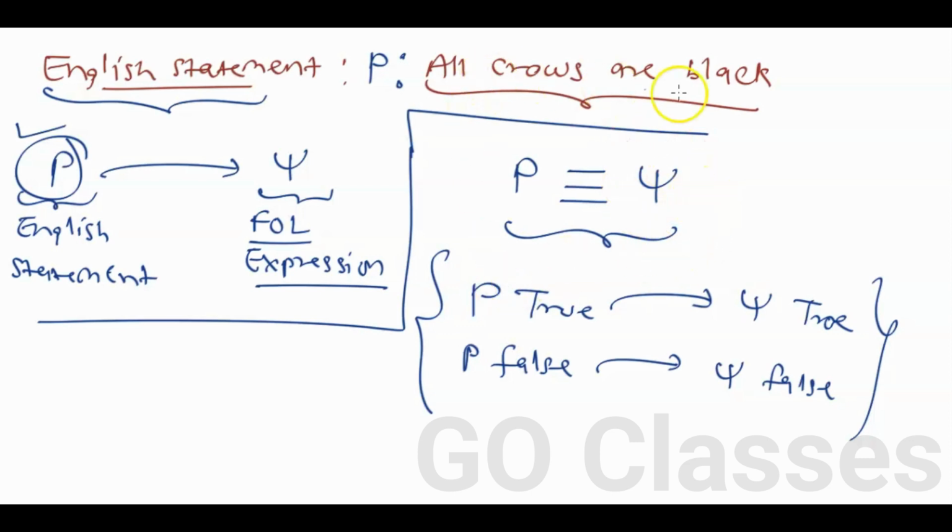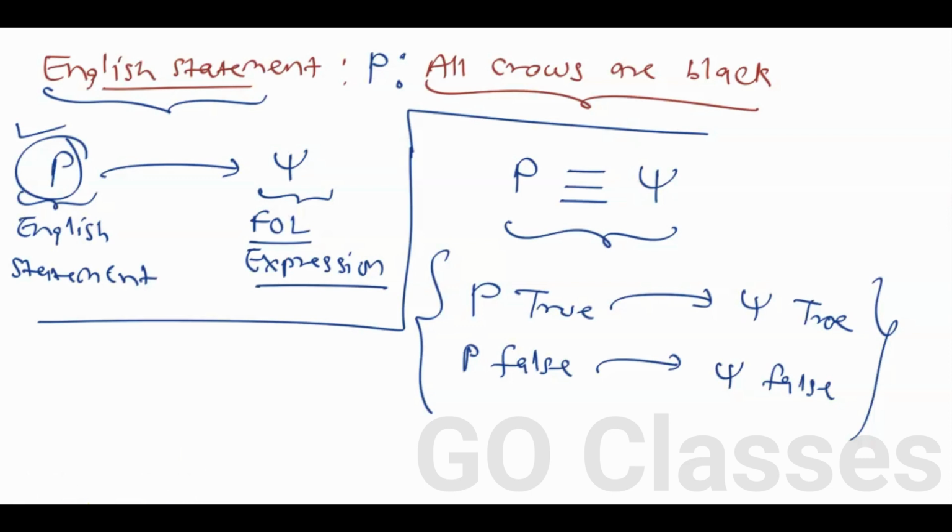When there are some crows which are not black, then our mathematical expression should also be false. So this is the meaning of writing an equivalent mathematical expression for the given English statement. This is the first point to understand.